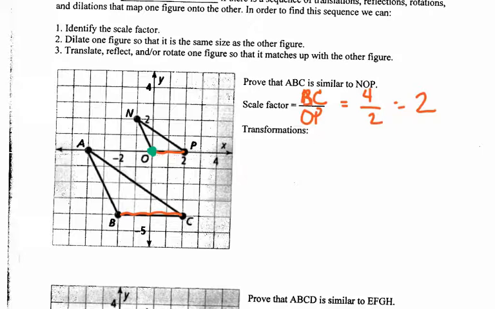P, which was (2, 0), is going to be multiplied by 2, so P prime is going to be (4, 0). N is the point (-1, 2). If I multiply those by 2, I get (-2, 4). So (-2, 4) is N prime. So I'm going to connect the dots. It's best if you use a straight edge.